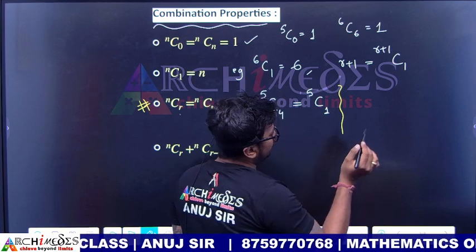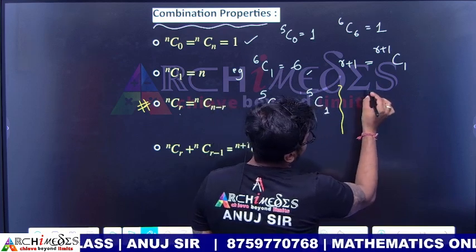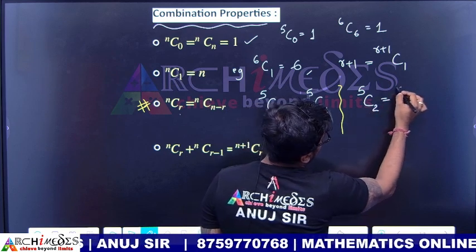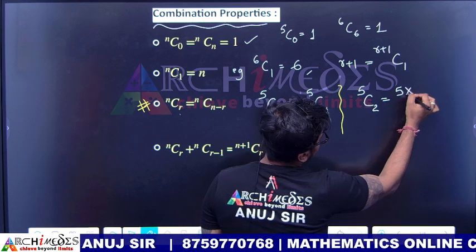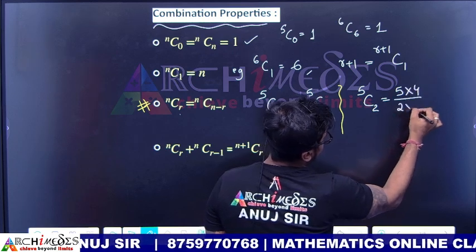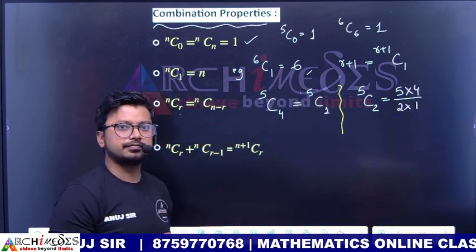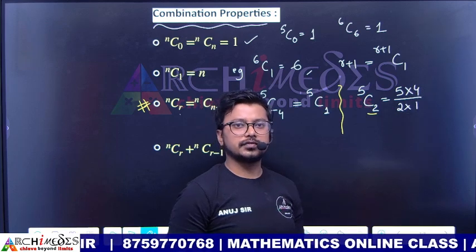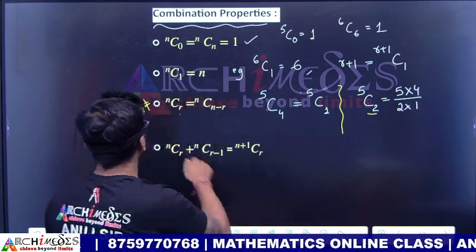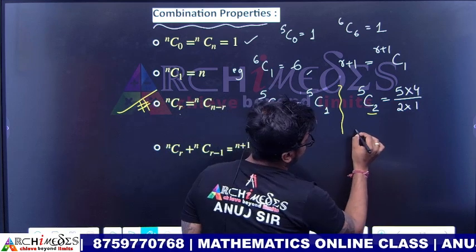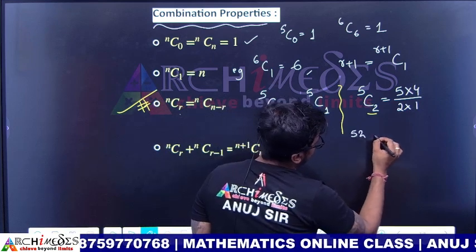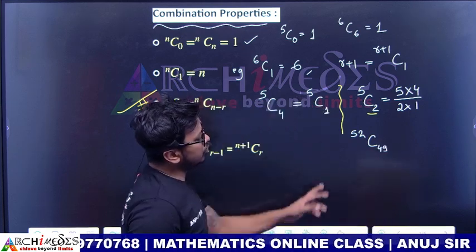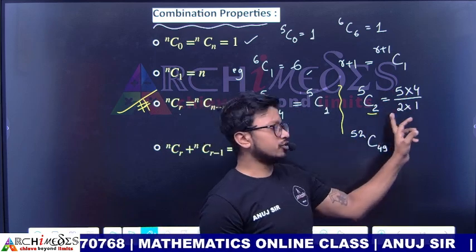So I hope you all know how to expand the combination. Suppose it is 5C2. How can we write this? 5 into, how many times will we write? 2 times. 5 into 4, then 2 into 1. You know how to expand the combination. Any doubt? If the base is 2, you have to write 5 decreasing 2 times, then 2 into 1. Am I clear? But what is the use of these values? Suppose you have 52C49, then it is very difficult to decrease 52 up to 49 times.